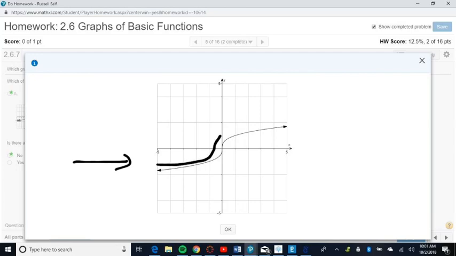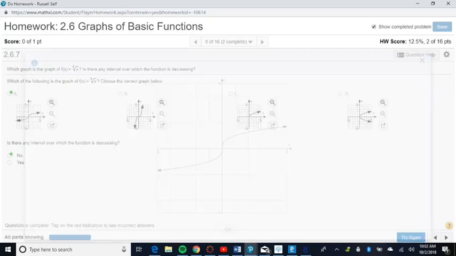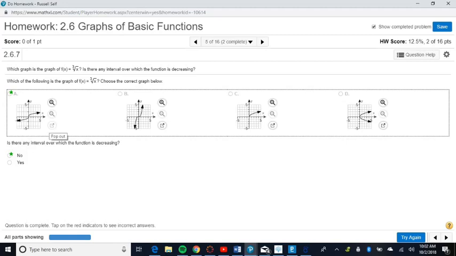It's going up here, it's going up there, it's always going up. If it's always going up, then it never decreases, it only increases. So remember to go from the left to the right so you can determine increasing and decreasing. Okay?